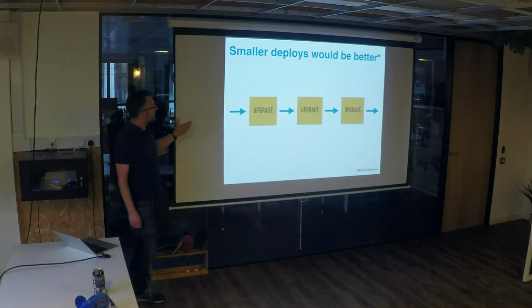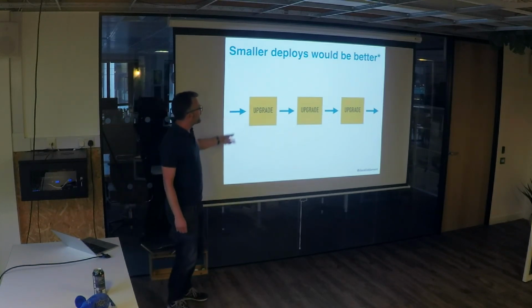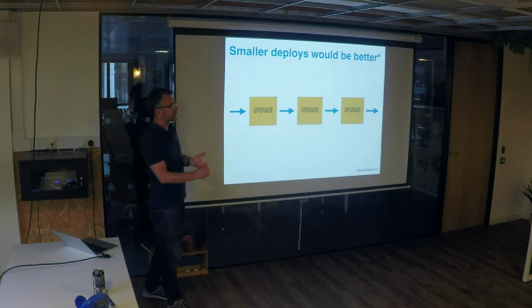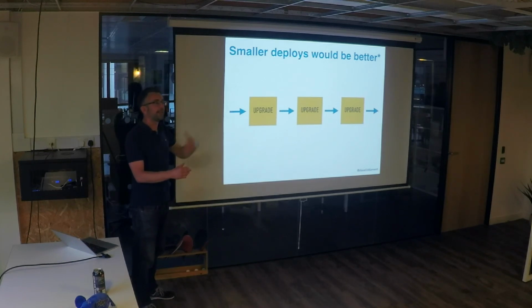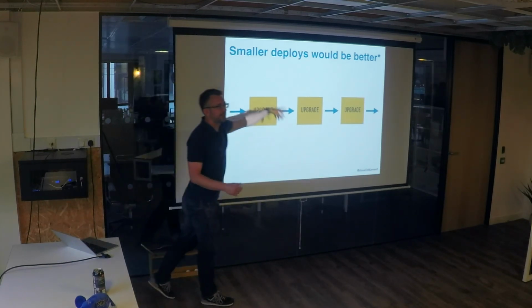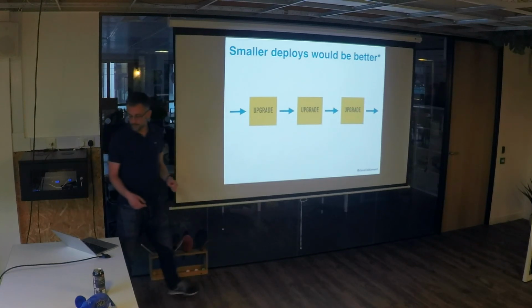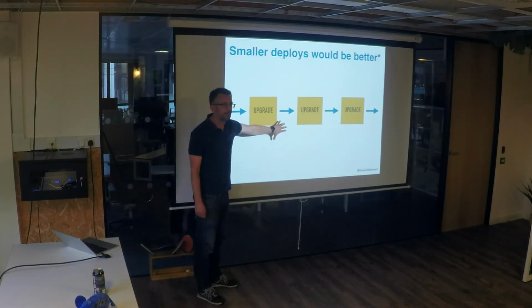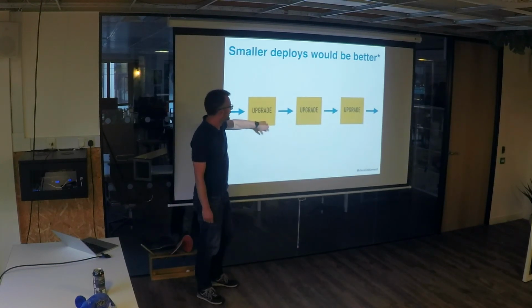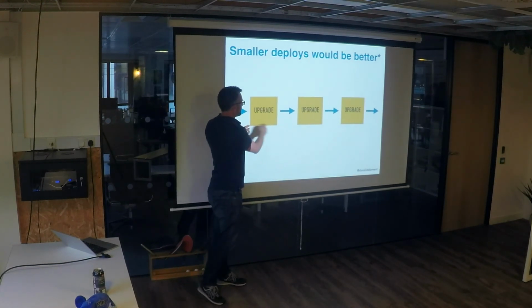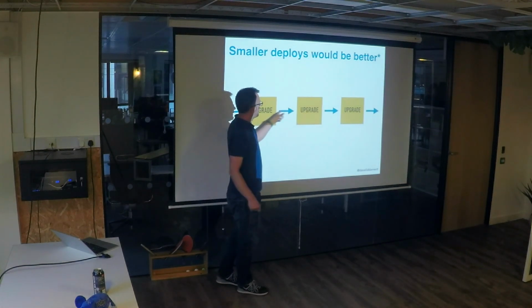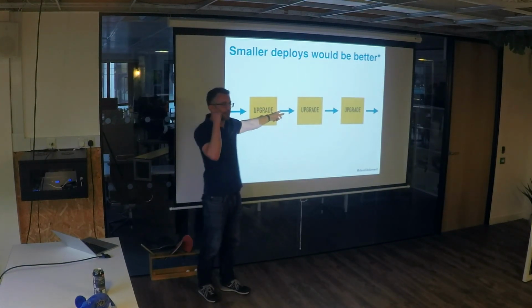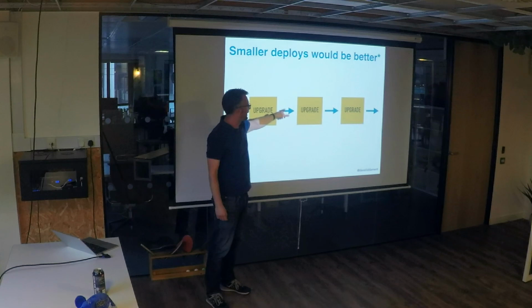So smaller deploys, I think, would be much better. Even more so if you have a test suite that gives you confidence that if it passes, there won't be any trouble when you go onto live. And the other benefit is, if we do find problems here, our search space for where that problem is a lot smaller. So the ideal thing is we do a bit of work, we put it live. This would be just long enough for anyone to find any real bugs and then report them.